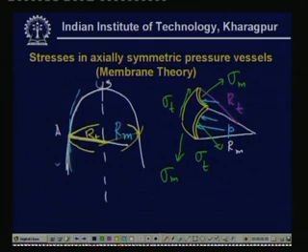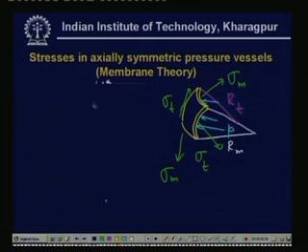Now, if you balance the forces along the radial directions, then we get one equation.